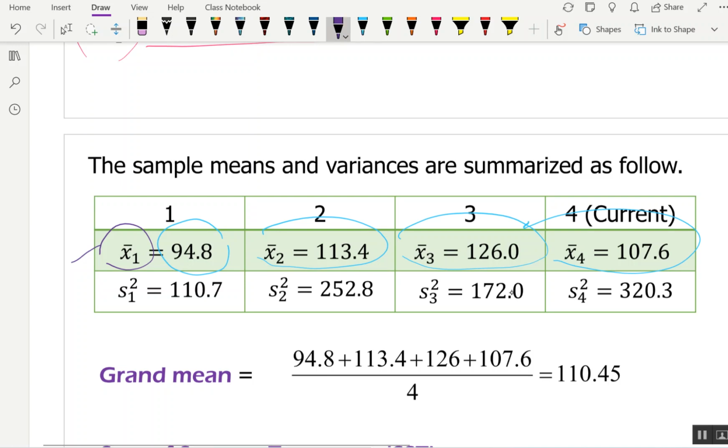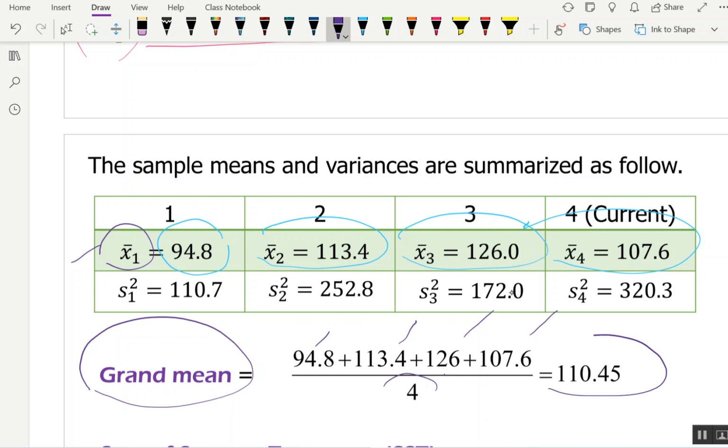So the one that I mentioned to you just now, what is the grand mean? The grand mean is that you take all the group means, 94.8, 113.4, 126, 107.6, right? So you divide by the number of groups, which is 4. So you get the mean of the sample means, which is the grand mean.